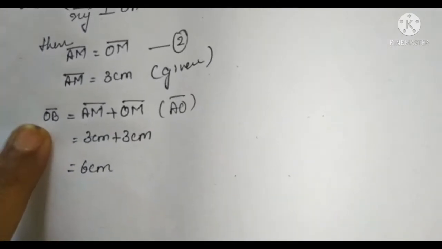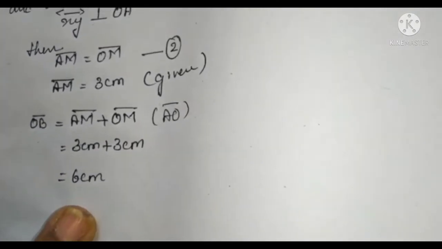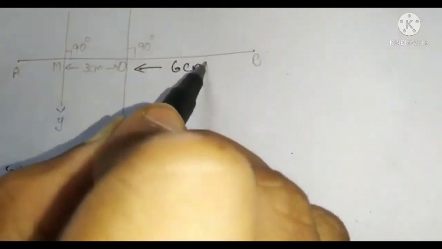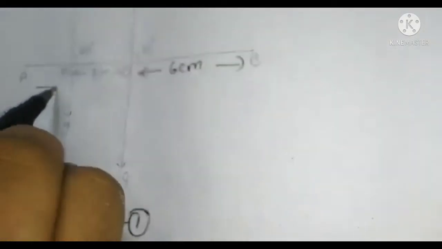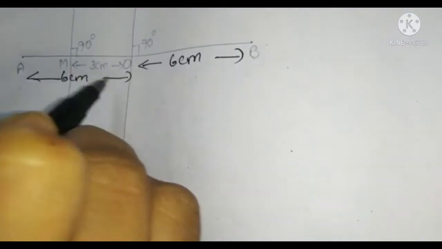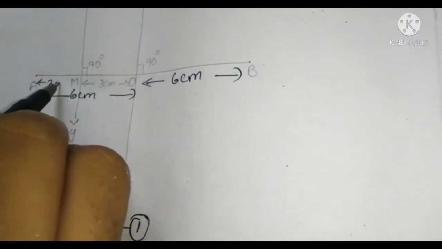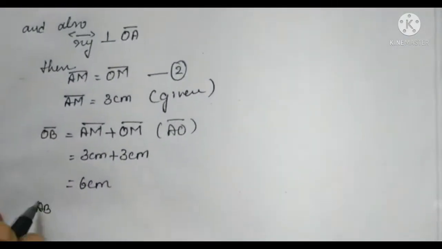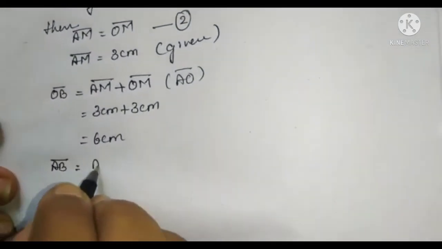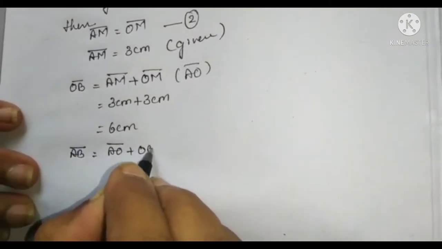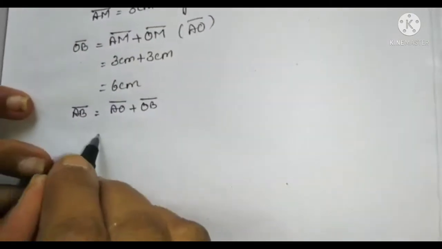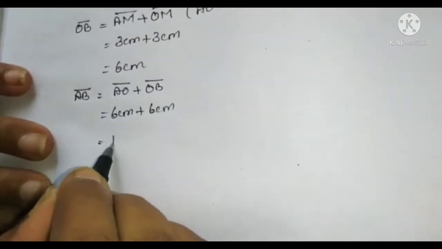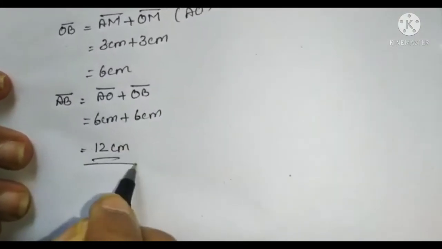So now we got OB also. OB equals 6 centimeters. So here to here is 6 centimeters, and here to here is also 6 centimeters. Now find the total line segment AB. AB equals AO plus OB. AO equals 6 centimeters plus OB equals 6 centimeters. Totally we got 12 centimeters.